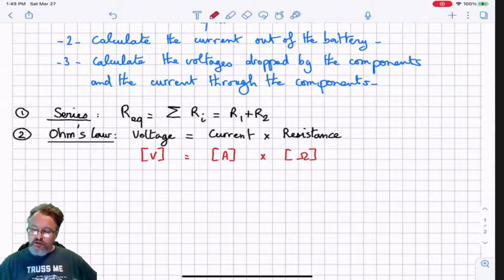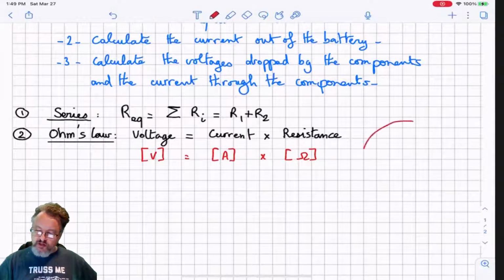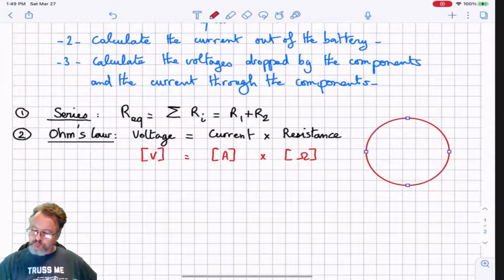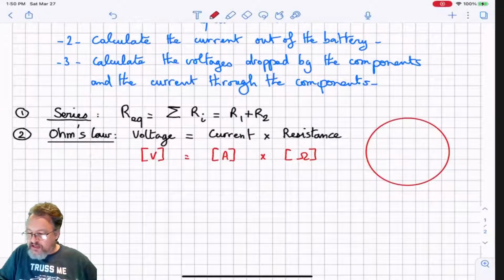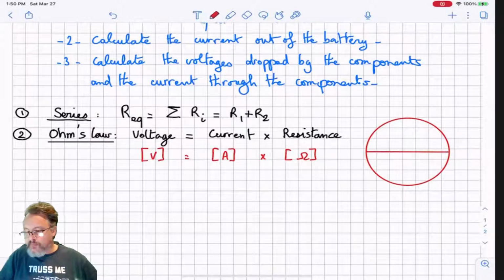Now, let me show you a little something to remember Ohm's law. I'm going to make a little circle right here. I'm going to split it in half. And that looks like a Pokemon ball right there.